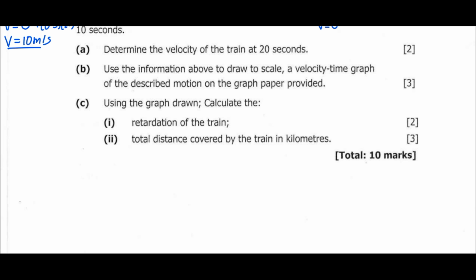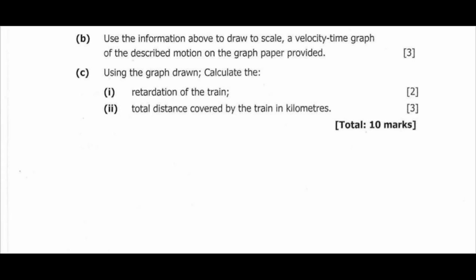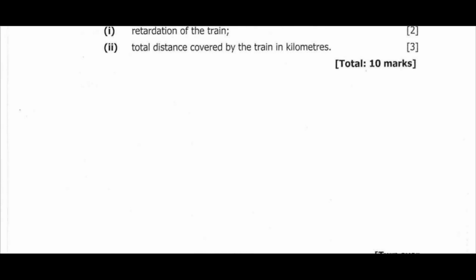Then use the information above to draw to scale a velocity time graph of the described motion on the graph paper provided. You need to use graph paper, but I just want to show what I can do. So you draw the y-axis, then the x-axis here.